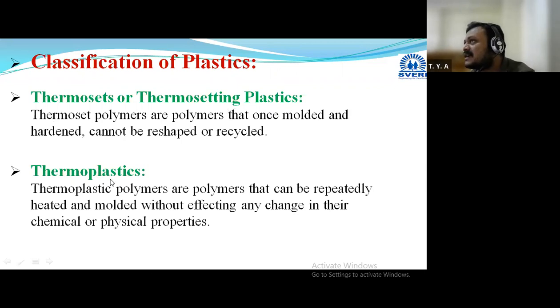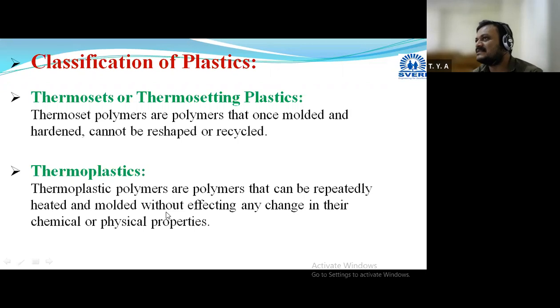Then the second type of plastic material is thermoplastics. With these thermoplastic materials, you can do the heating and molding process a number of times. You can give heat to that material and give the desired shape and size. Suppose after some time you want to change its shape and size again, then again you can give heat and do the reshaping or remolding. Repeatedly you can perform the heating and molding operation on that plastic material.